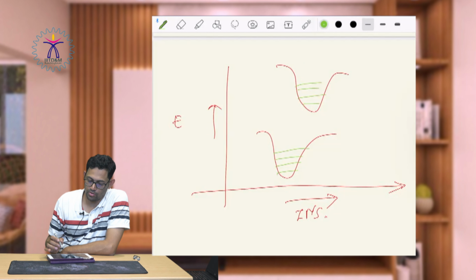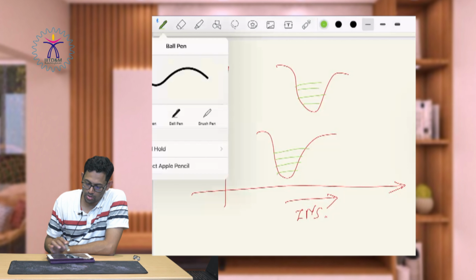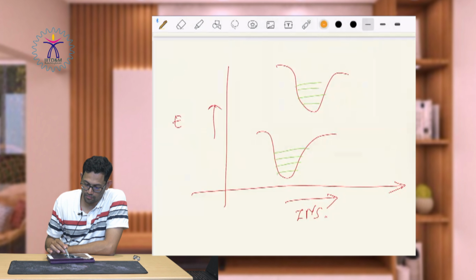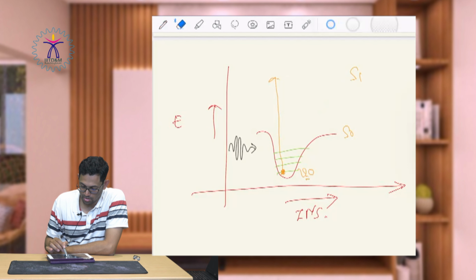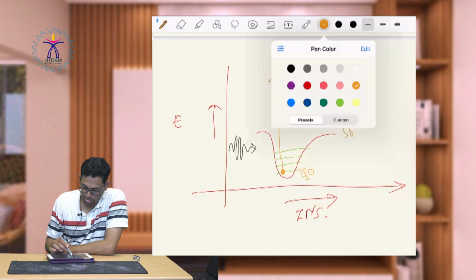Now what is going to happen is that you are again going to shine a photon to this molecule, and the electron from the ground vibrational energy level of your electronic state 1 will move to the higher energy level. Somewhat similar to this.